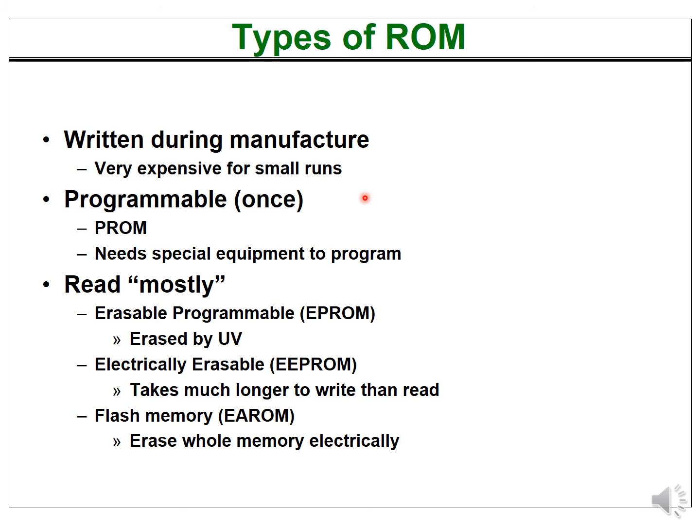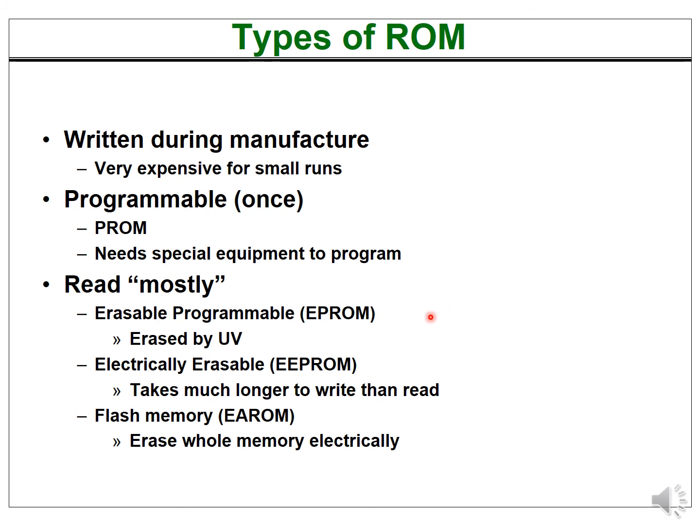We use a device that is called the PROM programmer. By using the PROM programmer, I can write the data on the PROM. Once I have written the data on the PROM, it now becomes a ROM. That means I can only write the data once on the PROM, and after that it becomes a read-only memory. You cannot erase the data from the PROM.